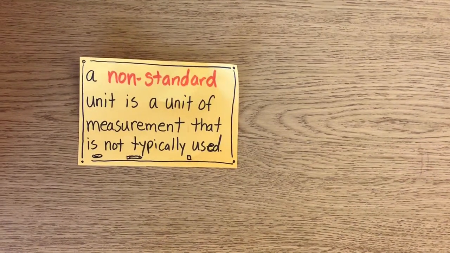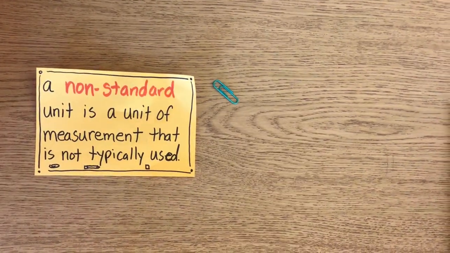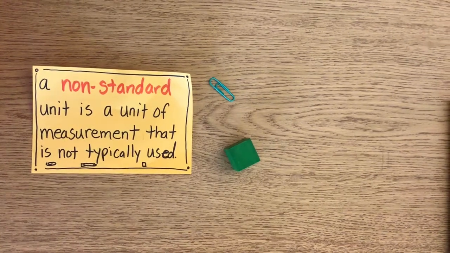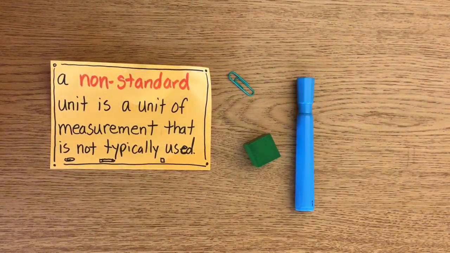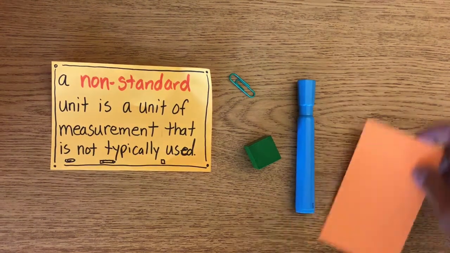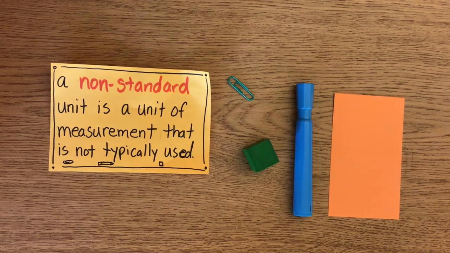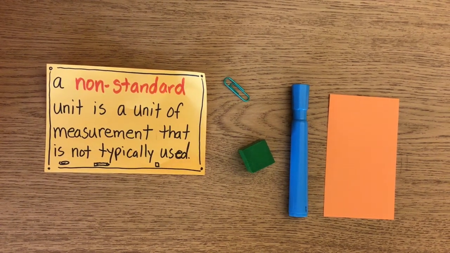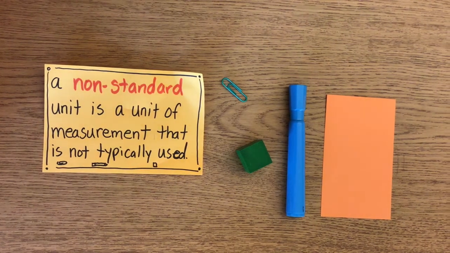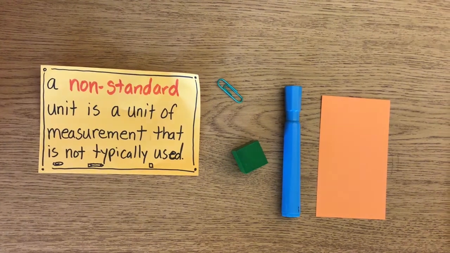They're things like paper clips or blocks or even pens or note cards. If you're at home, sometimes you could use toothpicks, you could use Post-it notes, you could even use a piece of paper. Or even a coin, like a penny, a dime, or a quarter.